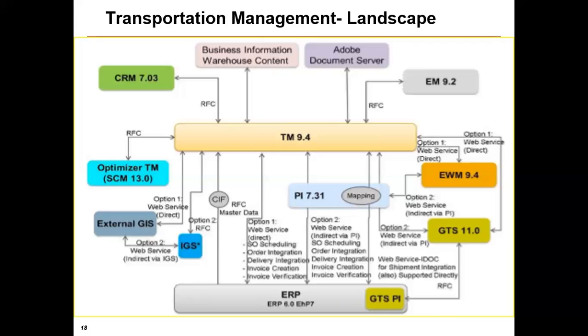The graphical information system is integrated with TM in option 2 via IGS. So IGS is basically Internet Graphics Service. This component is used as an integrator between GIS and TM only.